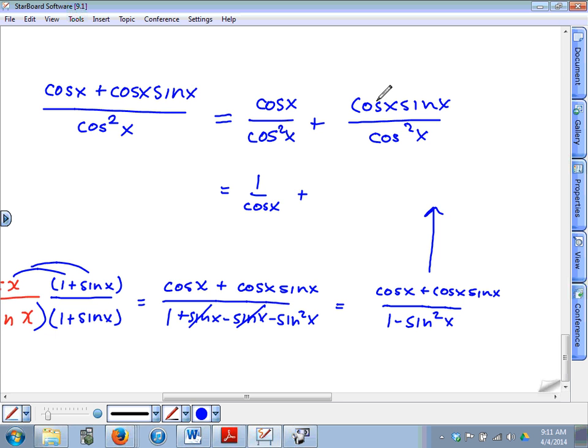And then this cosine here cancels with one of those cosines, so that's sine over cosine. 1 over cosine is the secant, and sine over cosine is the tangent. Secant of x plus tangent of x.